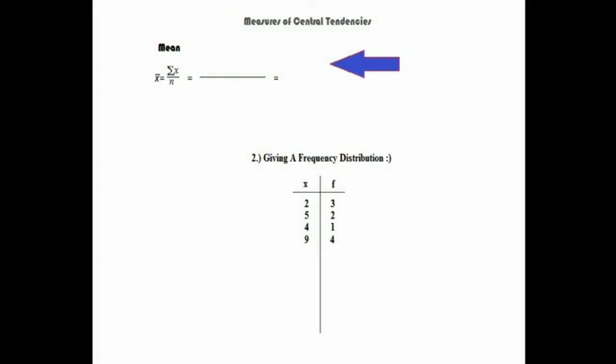So the situation is not the same as before. Now we have a frequency distribution. So what we should do if we wanted to calculate the mean would be this. I don't have only 1, 2. I have 3 of those. So I would have to do 2 plus 2 plus 2, 3 times.